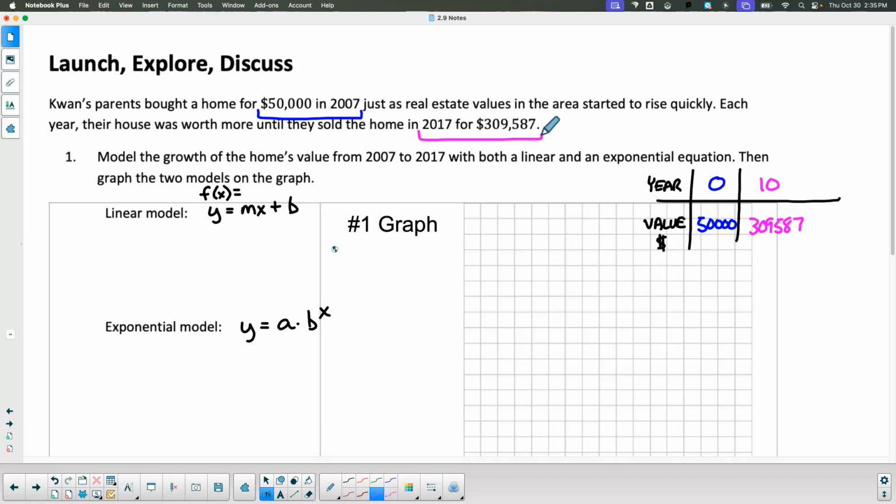Which one is y's, which one is x's in this scenario? So the value is the y. So the years would be the x. Okay. Find me the slope.